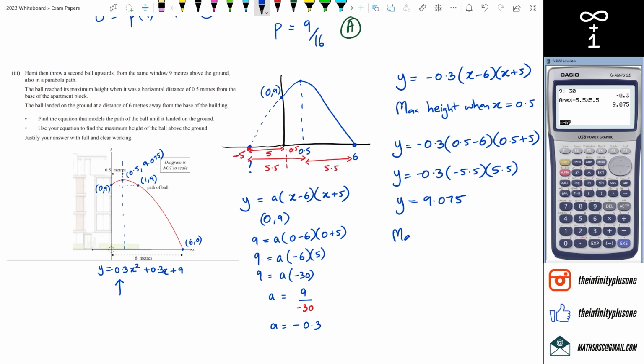So we can say that the max height is equal to 9.075 meters.